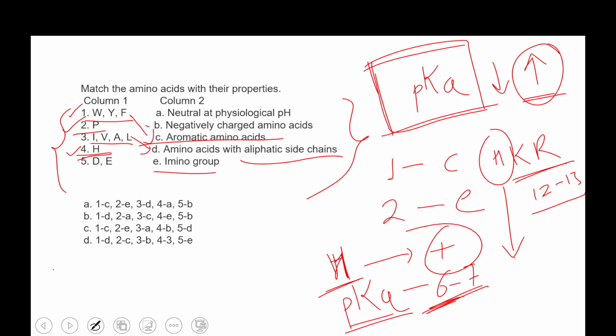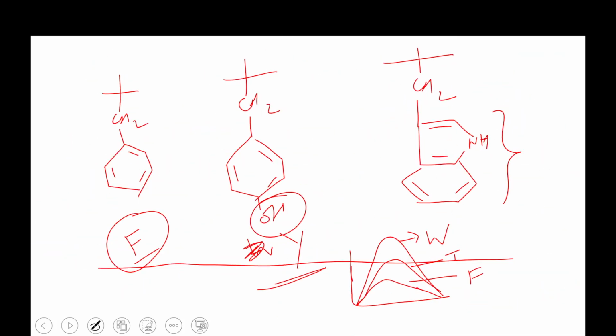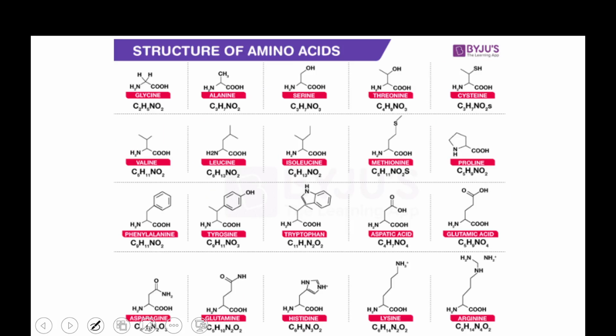Because pKa is nothing but the pH where there is an equilibrium in the charge between the two forms of the amino acid. This amino acid also has two forms, protonated and deprotonated.